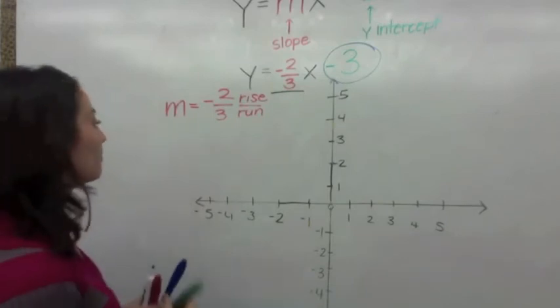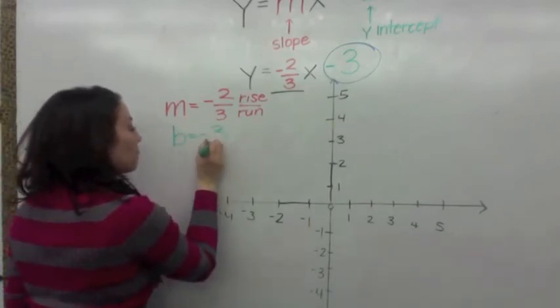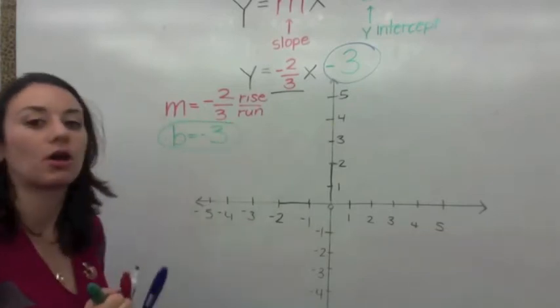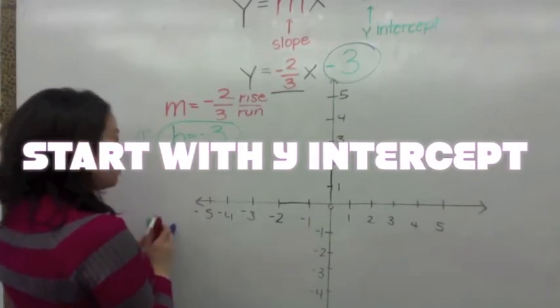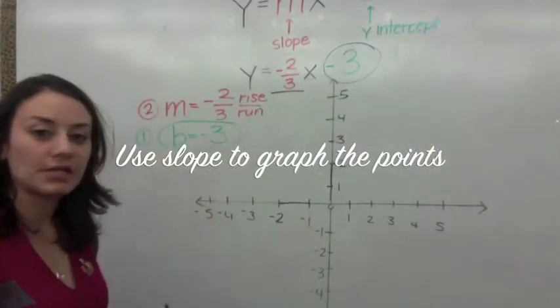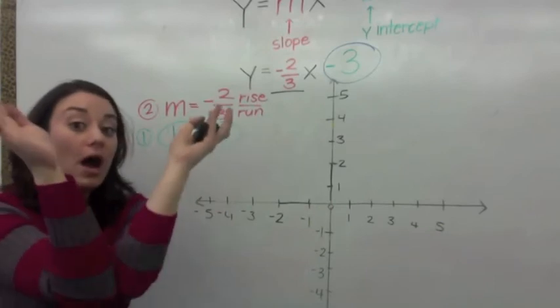So B is -3. And we're going to circle this because that's what you start with, right? This is step number 1. And step number 2 is to use the slope to graph the points. The first step is what? Use which? The y-intercept, right?